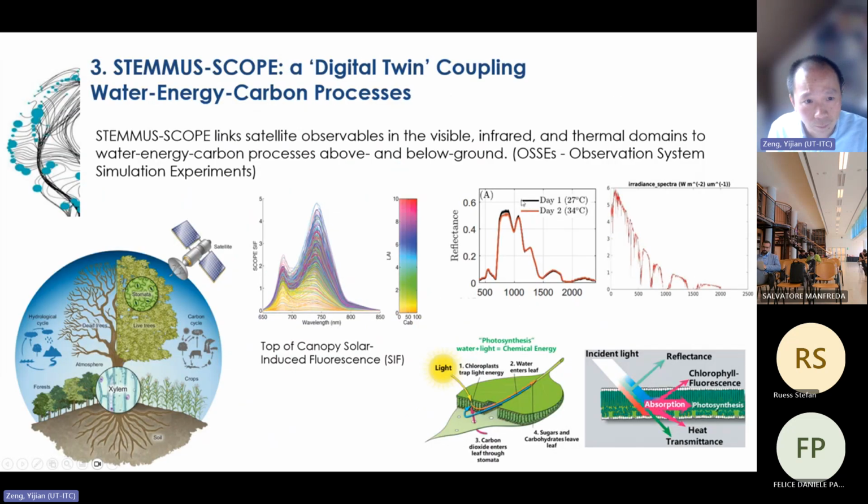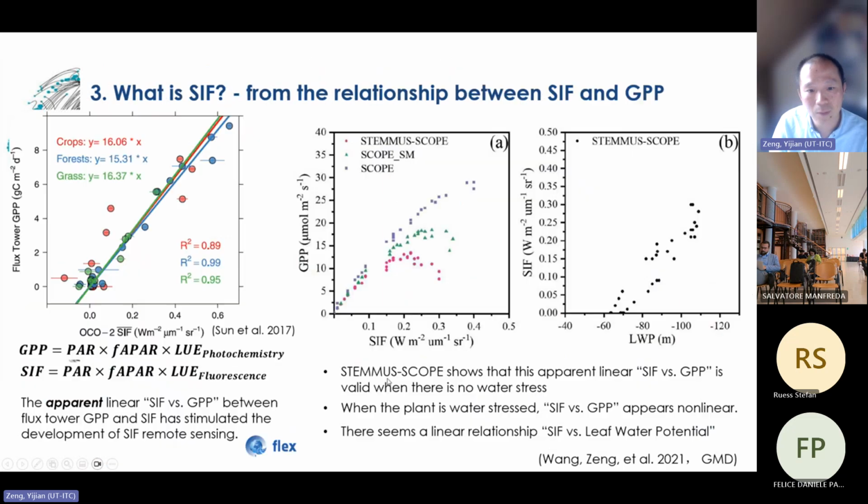Okay, so that is the plant hydraulics part, and as I mentioned before, the STEMscope can link this process to the satellite signal. For example, for the solar-induced fluorescence, we can simulate the SIF spectrum, the reflectance, and also the irradiance spectra, and all these satellite signals are linked to photosynthesis and to the whole soil plant system.